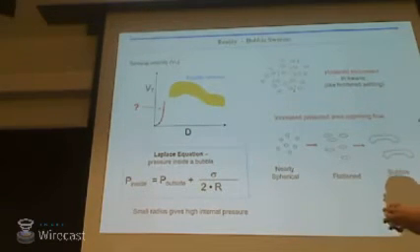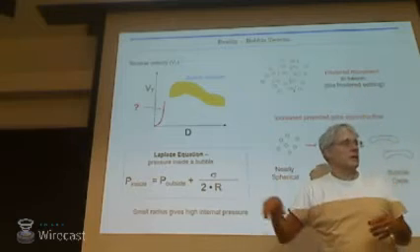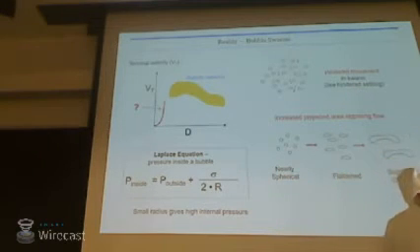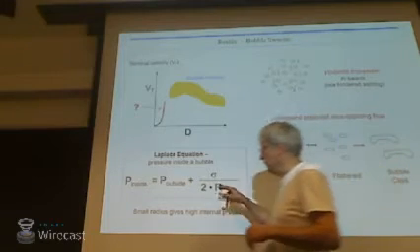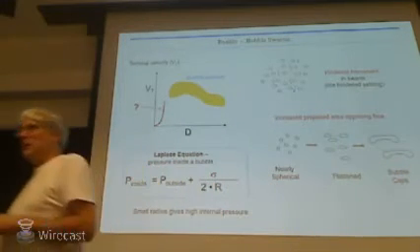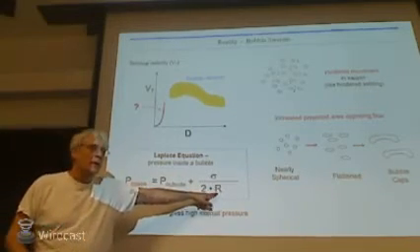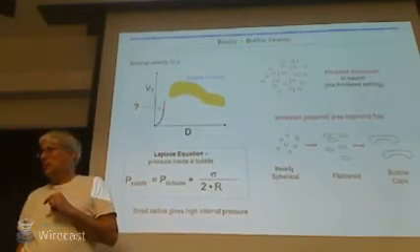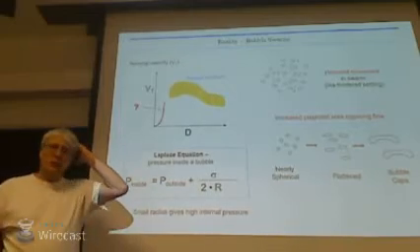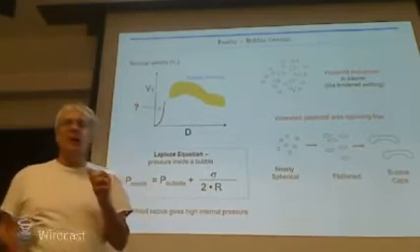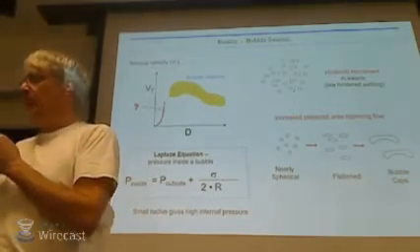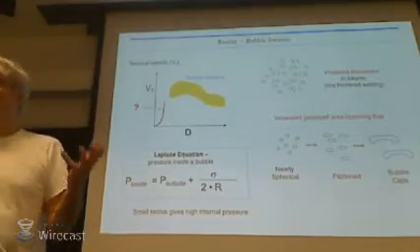Not too surprisingly, the higher the surface tension, the greater that pressure will be. The other thing is, the R on the bottom here means that if it's small, I have a much higher pressure inside. So very small bubbles have a very high pressure inside them. Larger bubbles have a lower pressure inside them.